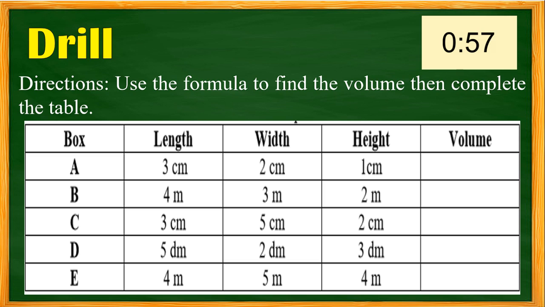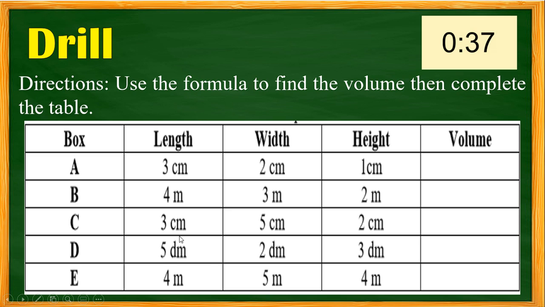So comment down your answer, grade 5 pupils, in our comment section below. Letter A: 3 centimeter, 2 centimeter, and 1 centimeter. What will be the volume? Letter B: 4 meter, 3 meter, and 2 meter. What would be the volume?